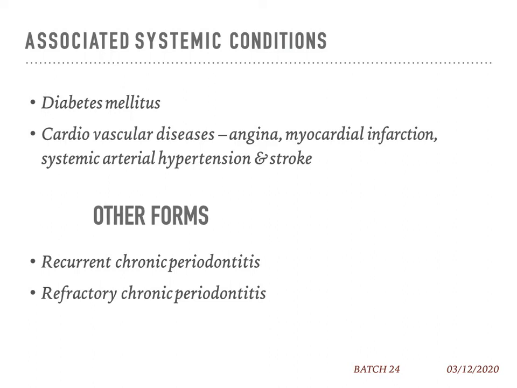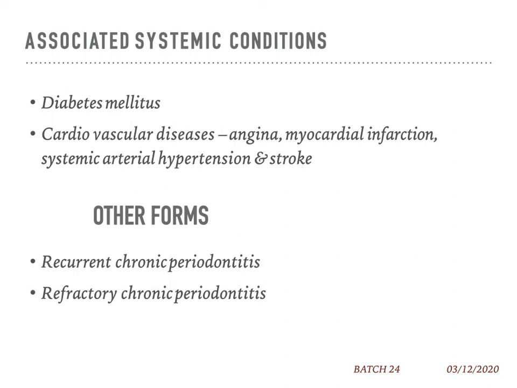This is because periodontal pathogens have been identified in the cardiovascular system. So there is evidence stating that P. gingivalis can grow inside the vessels, which suggests a relation between the cardiovascular system and periodontitis.